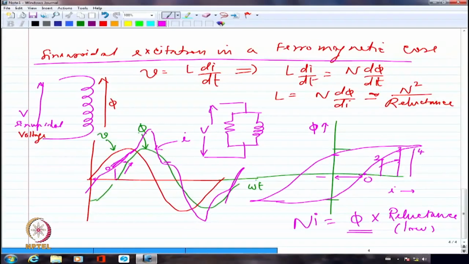So if the overall load current is 100%, the magnetizing current will be only about 2% or 3%. Nothing more than that. That's how it is going to be. Right? Got it? So from the next class onwards, we are formally starting on transformers. Okay?